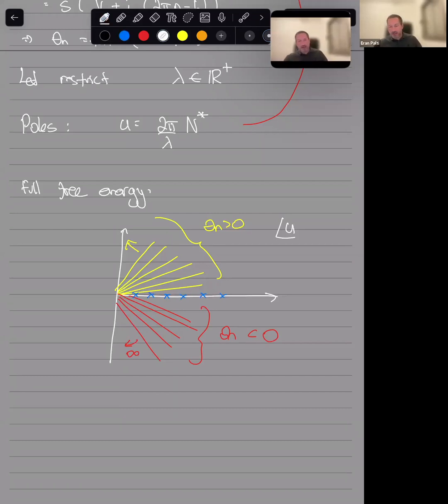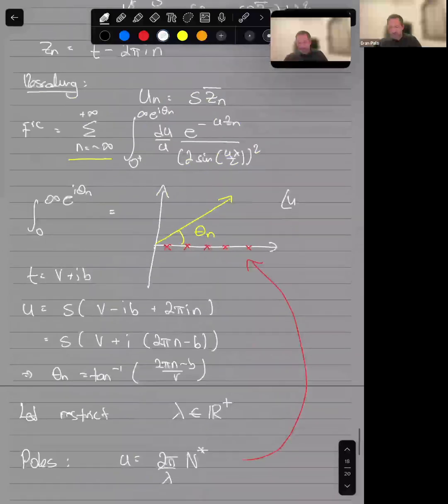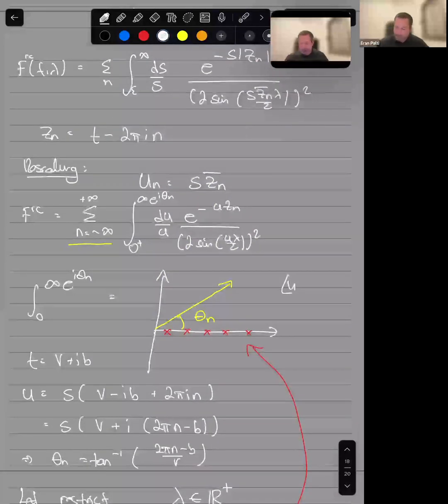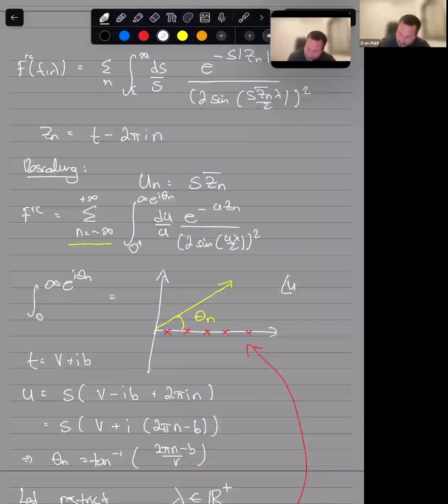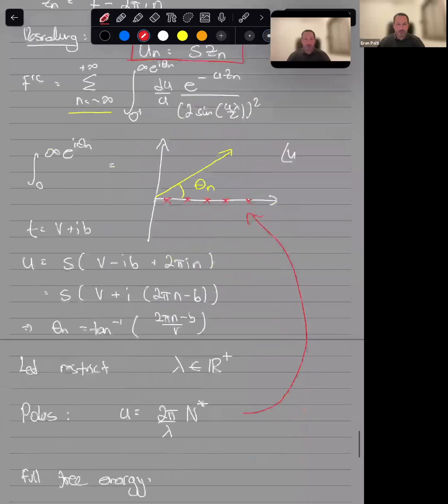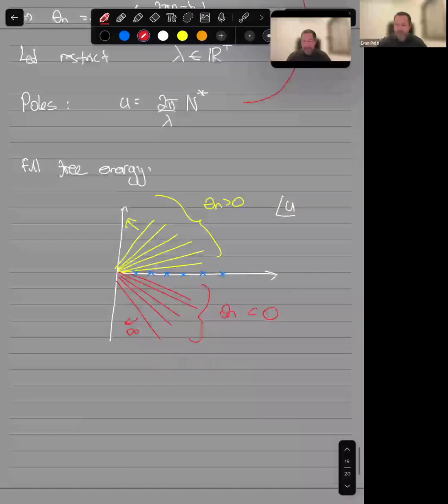That's what happens because this change of variable, importantly, is a function of n. So we're just going to be doing the integration. When we do this sum, each integral in the sum is going to be along a different line in the complex plane. Are there any questions about that?